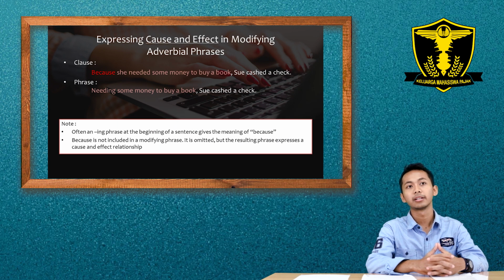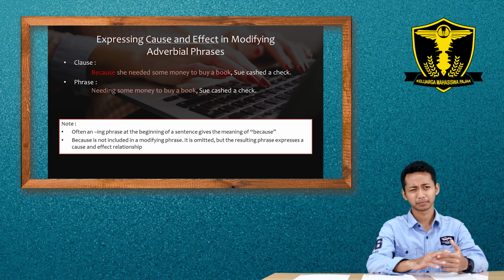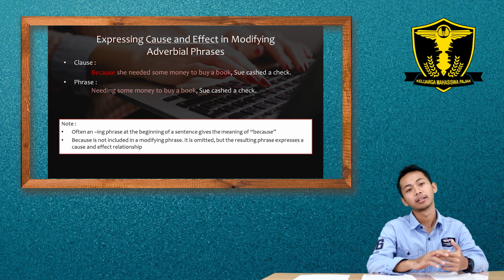The next one is expressing cause and effect in a modifying adverbial phrase. The clause we use here is because. So the adverb clause is: because she needed some money to buy a book, she cashed a check. We can remove the because here, but don't forget to make the verb become verb plus -ing. So the adverb phrase is: needing some money to buy a book, she cashed a check.